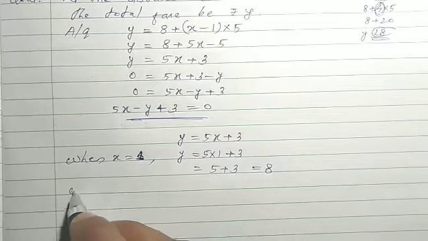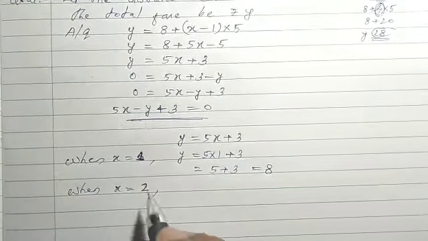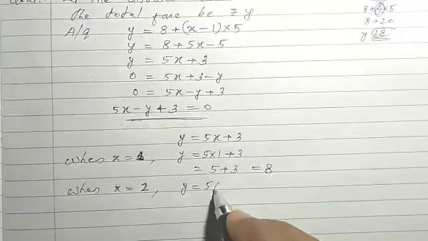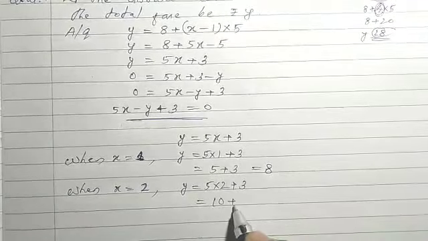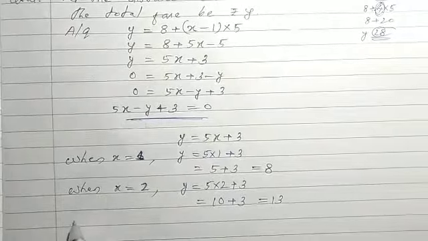Now when x is equal to 2, that means a person traveled 2 kilometers, then how many rupees does he have to pay? Y is equal to 5 into 2 plus 3. 5 2s are 10 plus 3, that is equal to 13. Again, one more value.